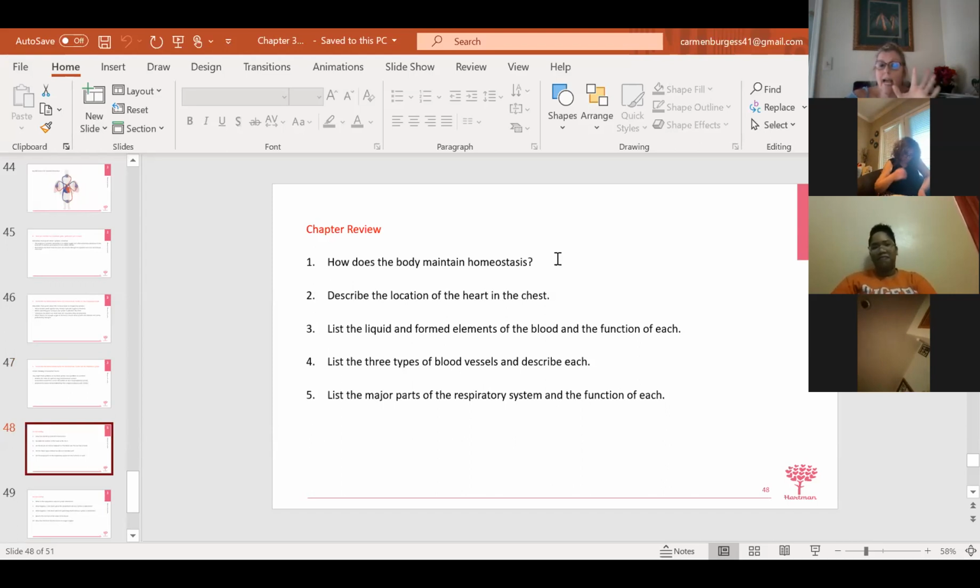What is that space called? The mediastinum. So if you're asked the location of the heart and you have to write it down, you're going to say it's in the thoracic cavity between the right and left lungs in the mediastinum.